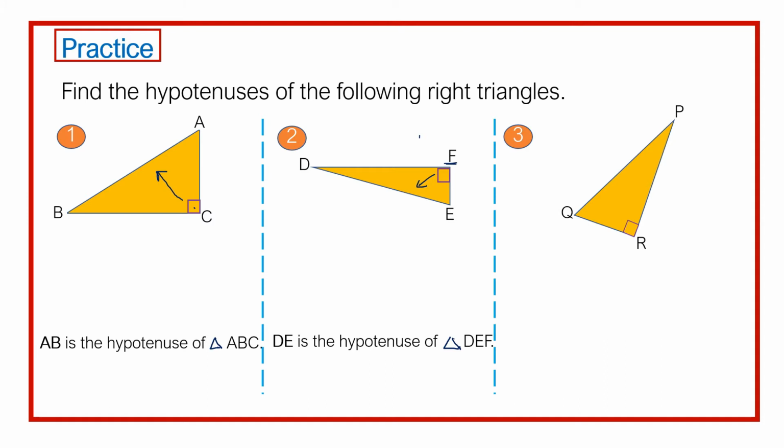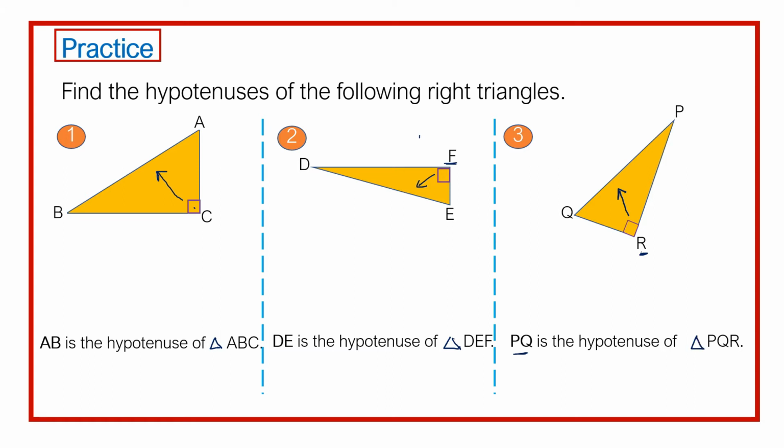So we look for the biggest angle, which is angle R. So the side that is opposite angle R is QP. So we say that QP, or we can call it PQ, is the hypotenuse of triangle PQR.